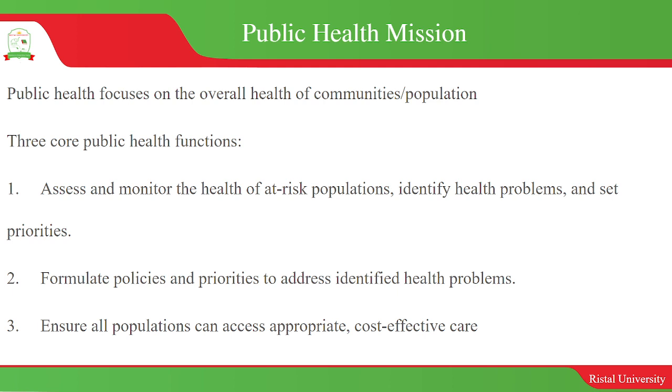So the act of improving health, promoting health, preventing disease in populations, that art and science of improving health, promoting health, preventing diseases in populations is what we call public health. So public health focuses on ensuring that populations are actually healthy, or we have what we call improved health outcomes.